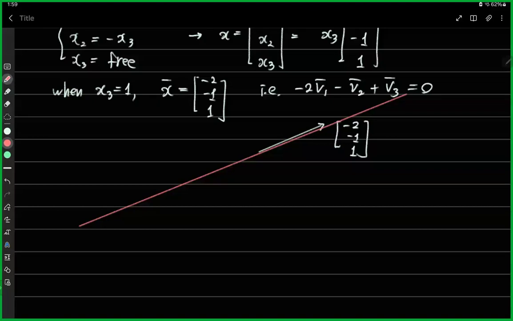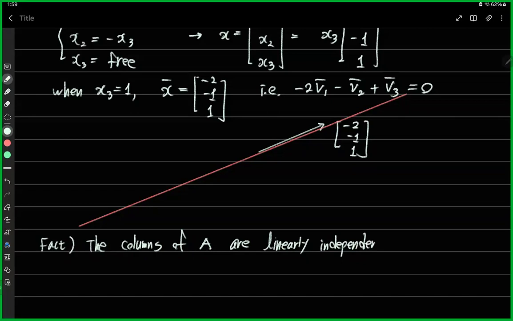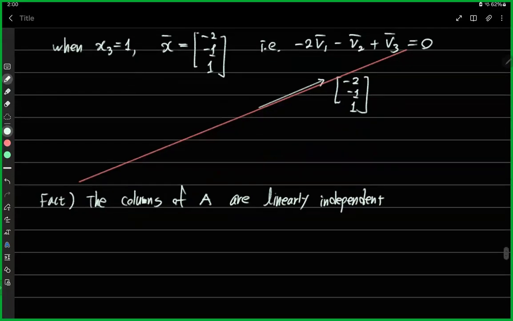Okay, next one. Here's a fact. The columns of matrix A are linearly independent if and only if the homogeneous system A x bar equals 0 has only the trivial solution.